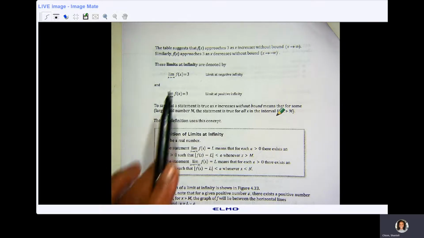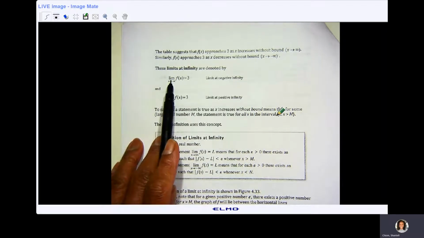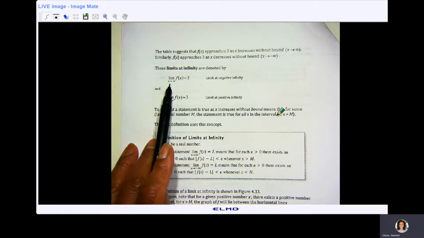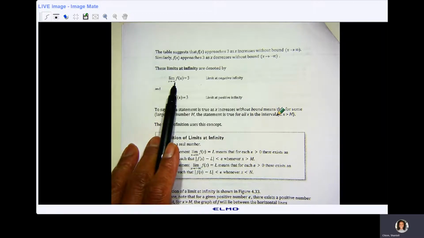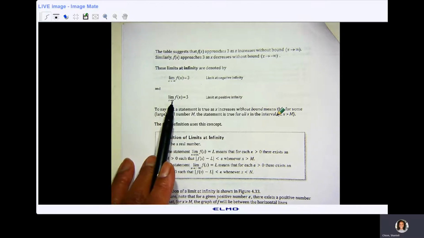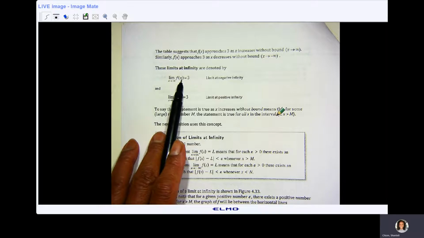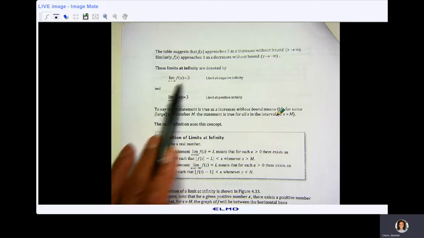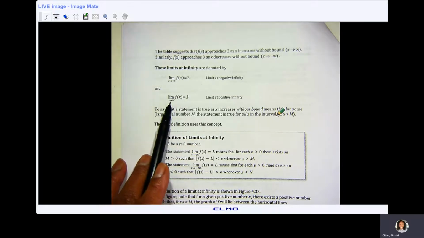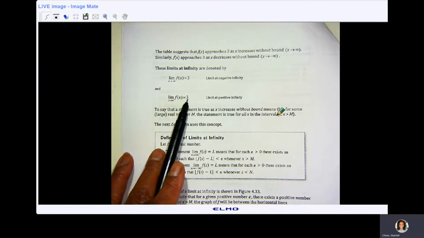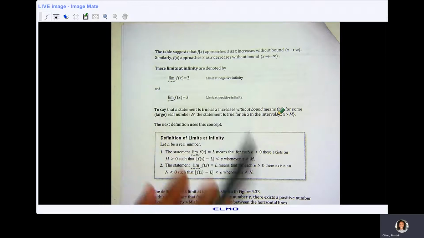You can see how we write our limit notation here as we have in the past, but what's different is x is approaching negative infinity or positive infinity. So it's the limit as x approaches negative infinity of f of x equals 3, and the limit as x approaches positive infinity of f of x equals 3.